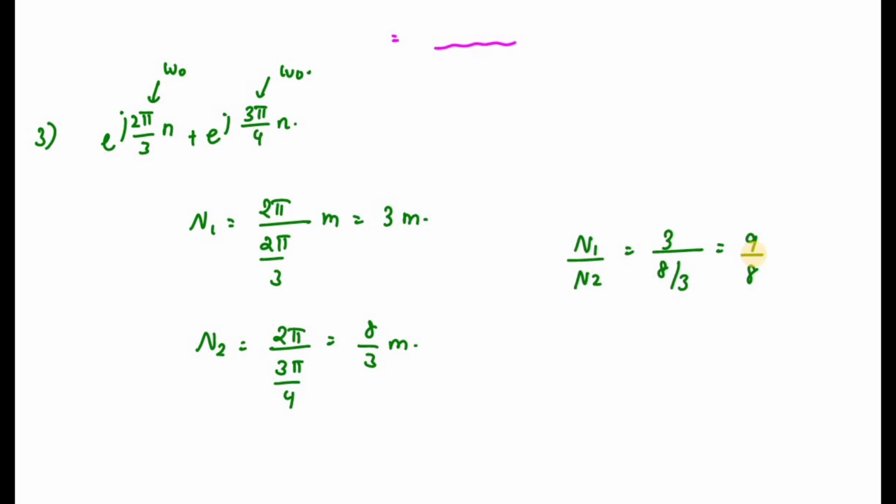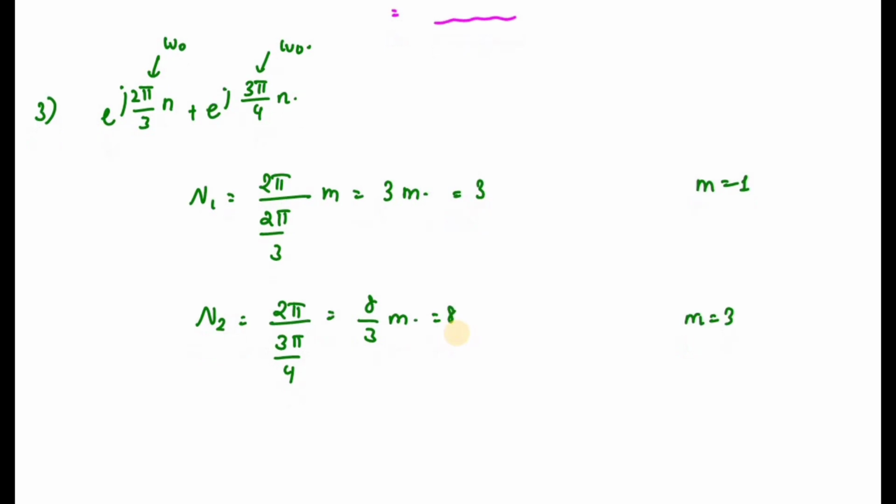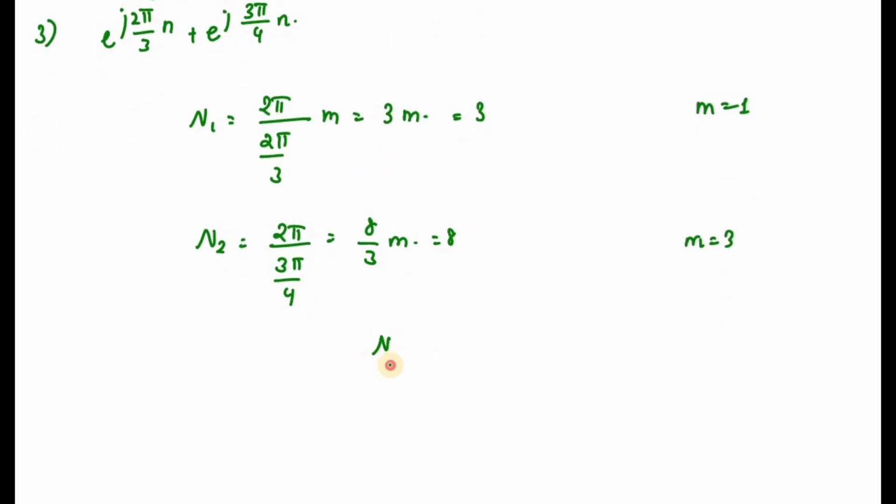Here, if I want to make this an integer, if I substitute m equal to 1, this becomes 3. If I substitute m equal to 3, this becomes 8. Now I can write N1 by N2 equal to 3 divided by 8.